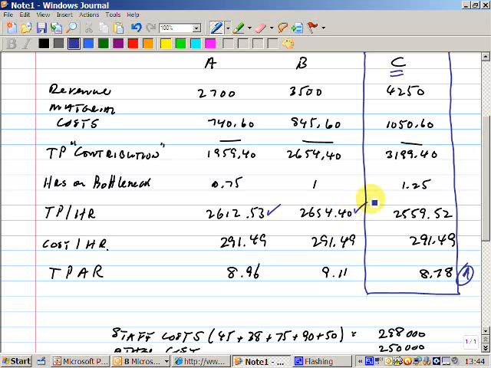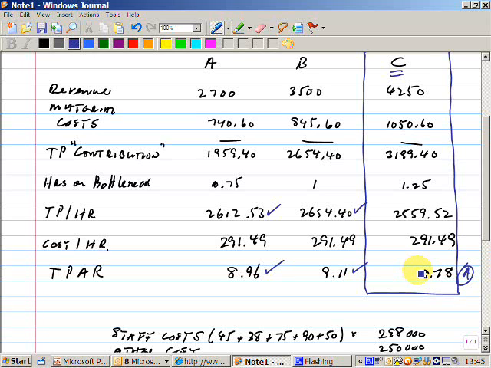So that's where those figures came from. And the throughput accounting ratios for A and B have been calculated at 8.96 and 9.11. So what's happened here is that in order to reduce the marks available for this first part, the examiner has asked you to just concentrate on C, and he's given you the other information. Okay, so we see where that is.